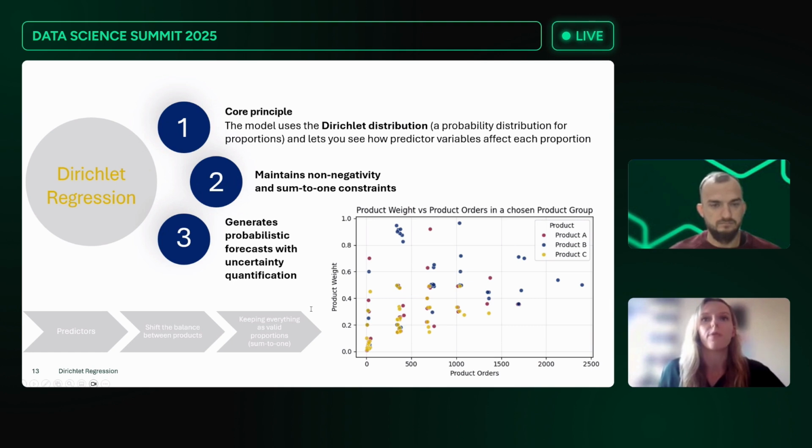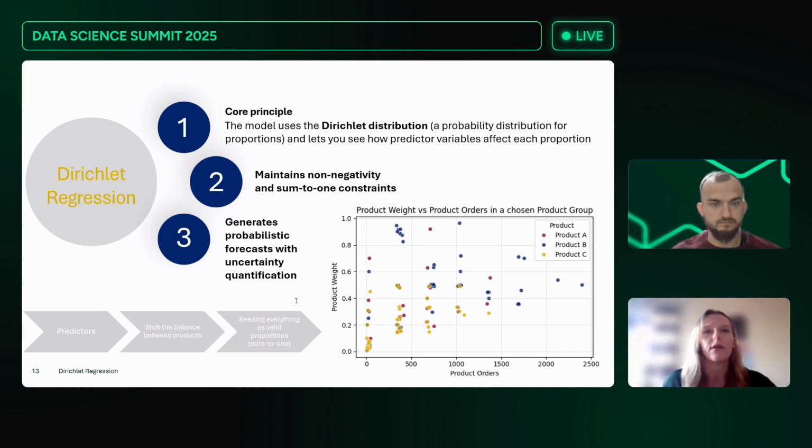Moving on, let's explore another technique, Dirichlet regression. Dirichlet regression directly models the proportions as draws from a Dirichlet distribution, which is based on a geometric space where all proportions sum to 1.